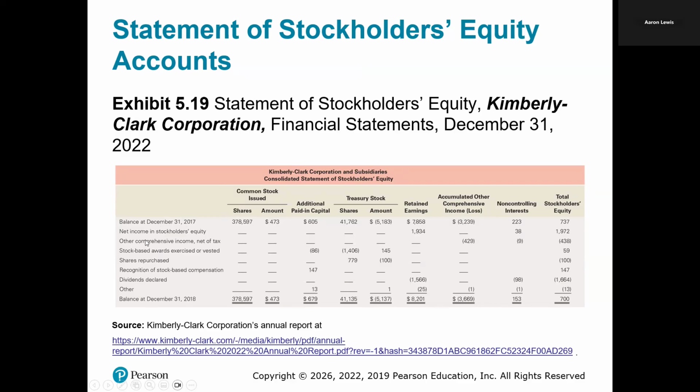Our income during the period, our changes to our comprehensive income, any stock-based awards exercised or vested, which means shares that we distributed to our employees, probably as a bonus during the period. Shares that we repurchased, common shares we bought back from the public and put into our treasury. Any type of recognition of stock-based compensation that came in, the dividends that we paid, and then if you don't know what to call it, as long as it's not a huge number, you can get away with other.